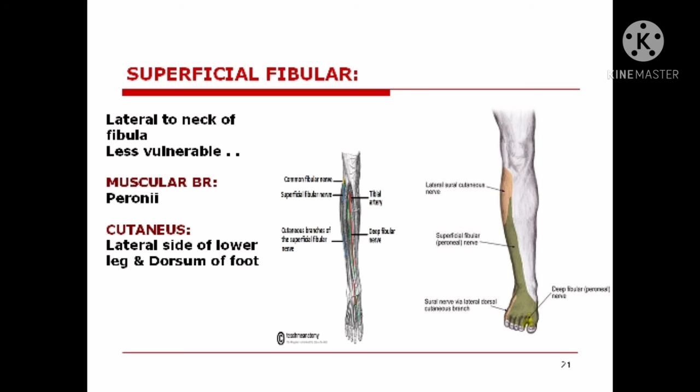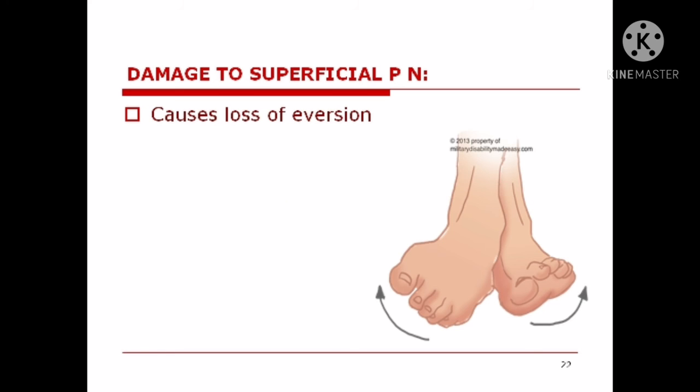The superficial fibular nerve, it goes lateral to the neck of the fibula, and it is less vulnerable to damage. It supplies the peroneal, and its cutaneous supply is the lateral side of the lower leg and the dorsum of the foot. The damage to superficial peroneal nerve results in loss of eversion.